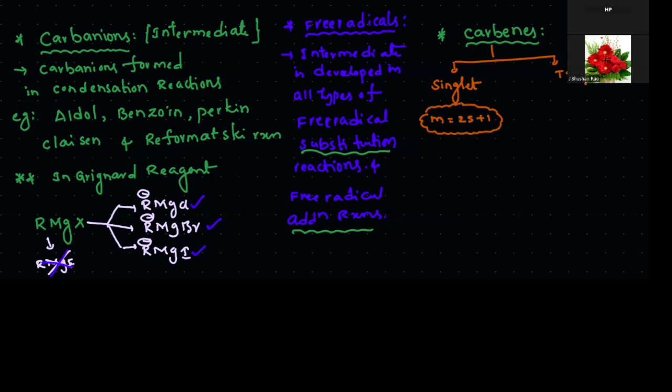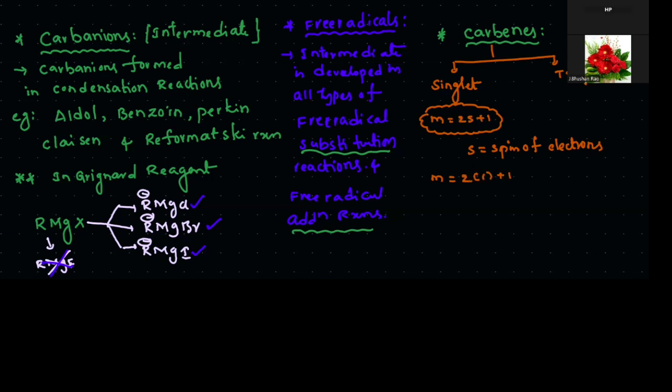Here S means spin of electrons. Now if you substitute S value equal to 1, 2 into 1 plus 1, totally you will get 3.